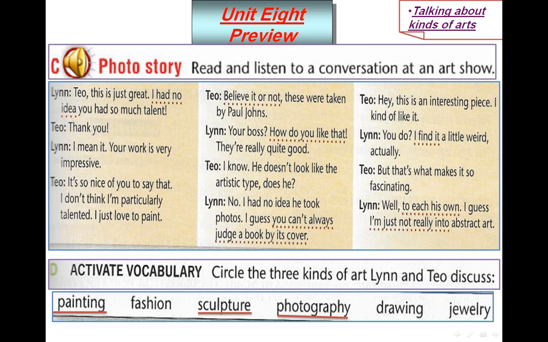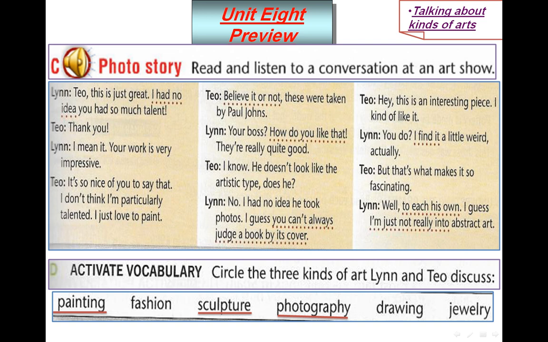So you have to read this book to decide if it is good or not. Even with a person, you cannot look at them and say, oh, this person is excellent, or this person is terrible. No, you have to deal with this person and try to know a lot of information about them to judge them. This is the meaning of you can't judge a book by its cover.